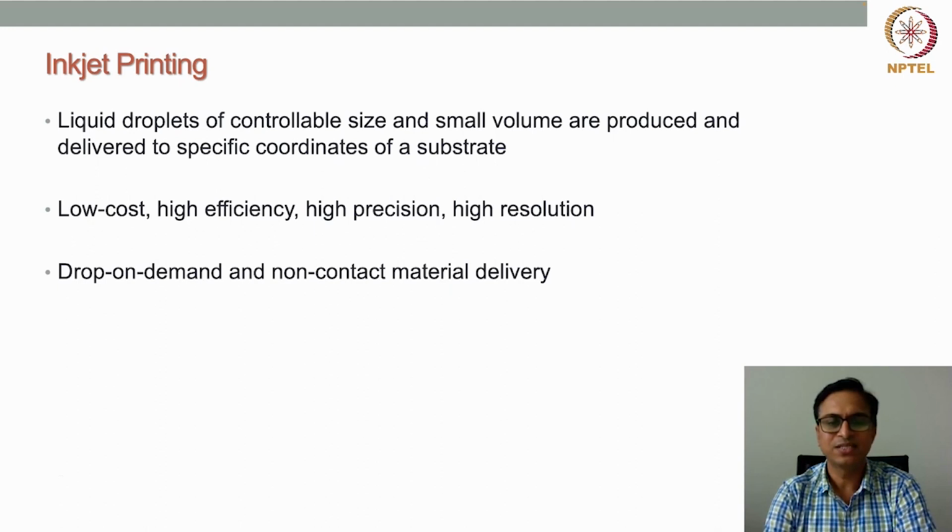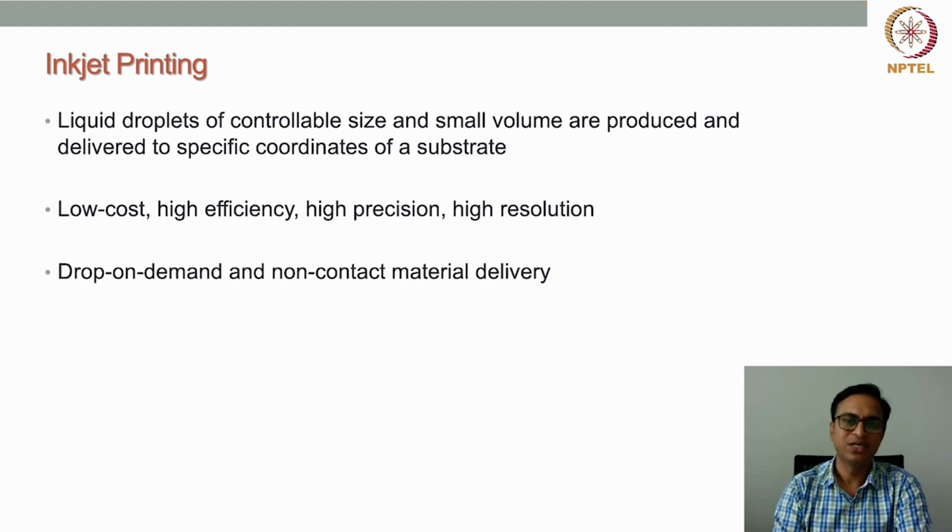So in this printing, what happens here? Basically, the liquid droplets are produced, those of controllable size and small volumes, and then those droplets are delivered or positioned or printed to specific coordinates of a substrate or on a printing stage. So the main principle of this technology is the production of tiny controllable size liquid droplets, right?